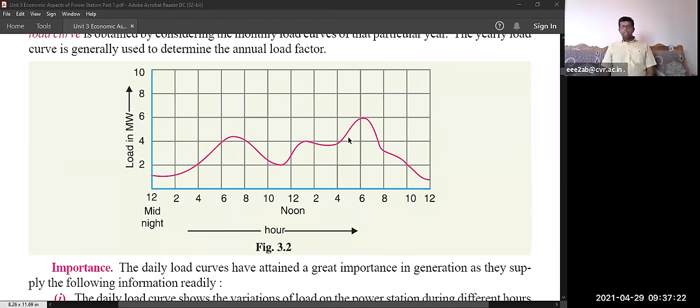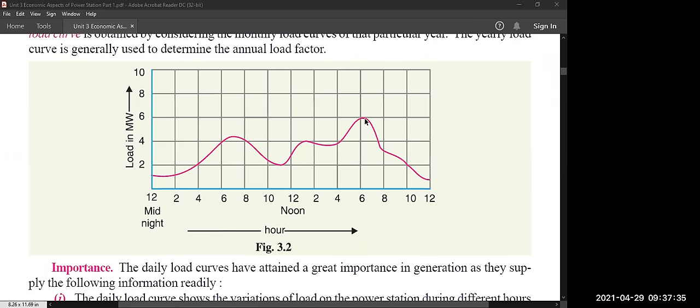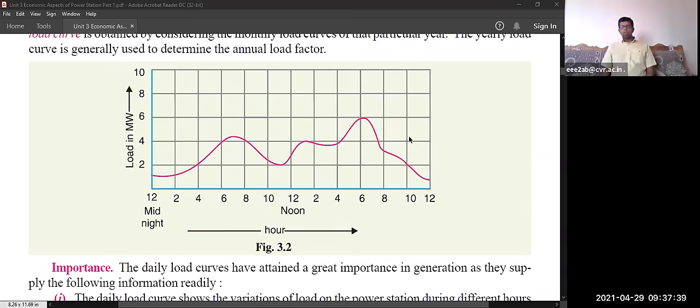See how it is varying and what time it goes up to the peak, and how many appliances are on at that time in your home. Later you can analyze and switch appliances off or on, and manage your tariff also.